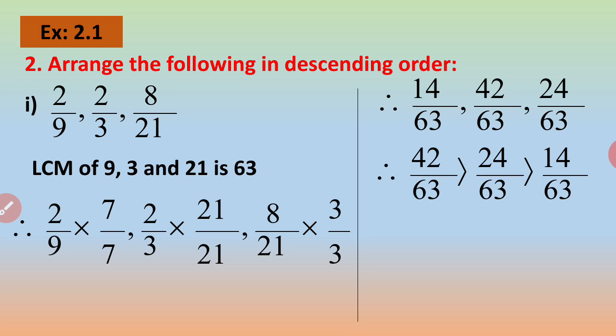So the fractions are written as 42 upon 63, 24 upon 63 and 14 upon 63. But these are not the actual values. So we are going to substitute them by the actual values that are there in the question. So let us write the respective fractions and you get the answer in descending order.